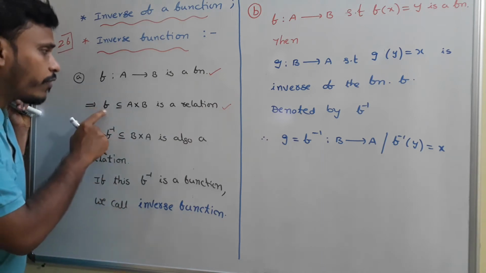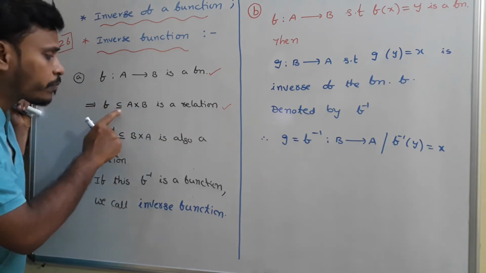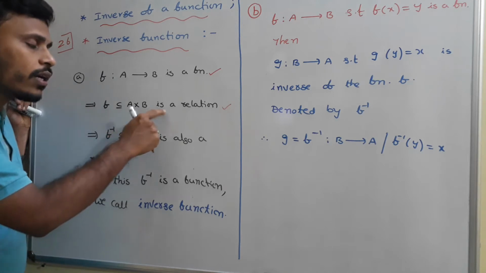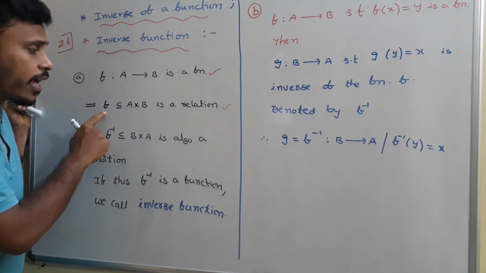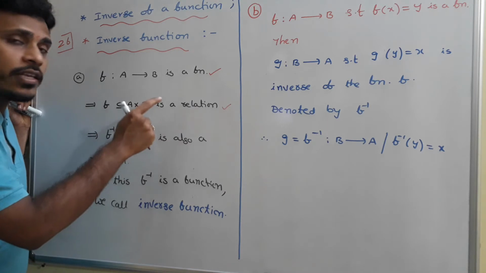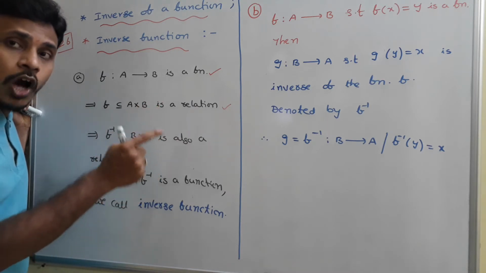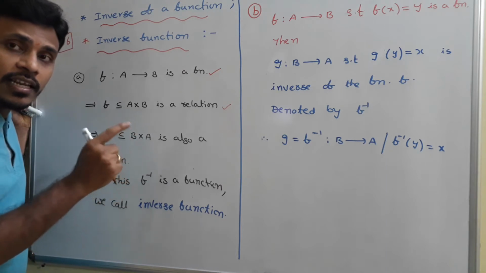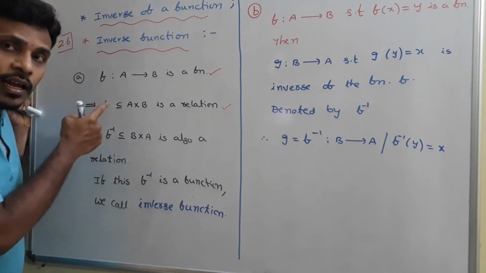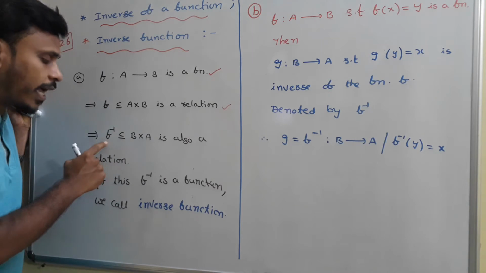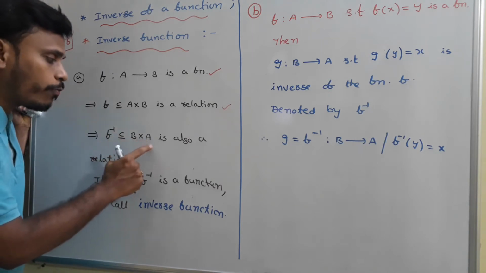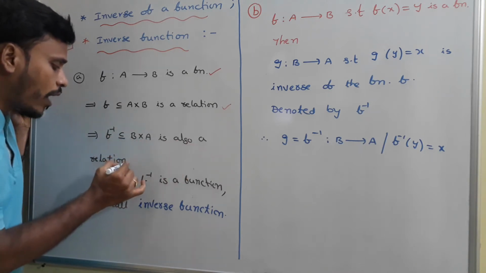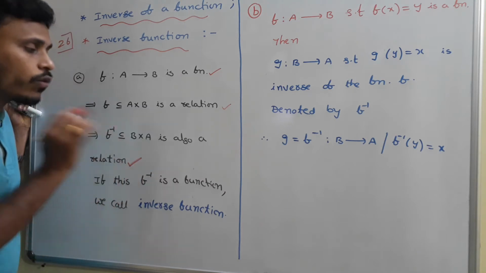In relations we already learnt about inverse relation, that every relation has an inverse. So we are able to form its inverse as f inverse, which is a subset of B cross A. This is also a relation. This is the inverse relation.